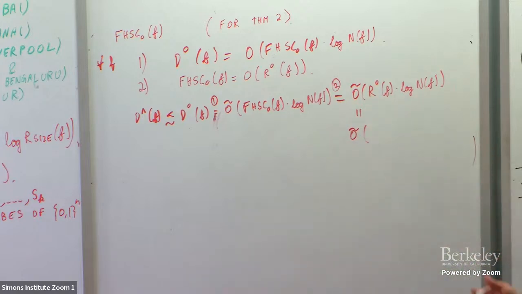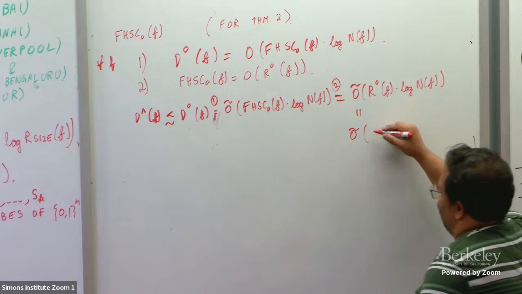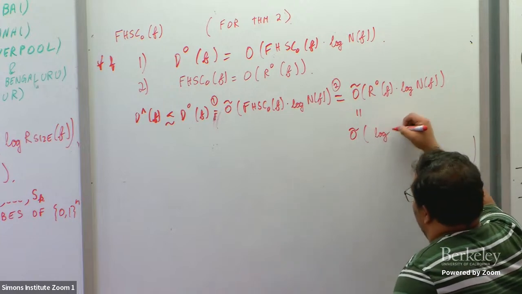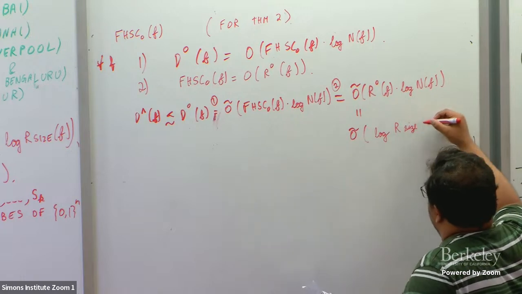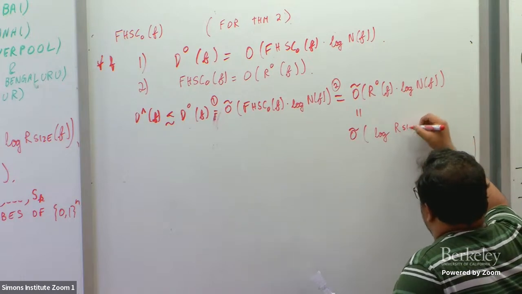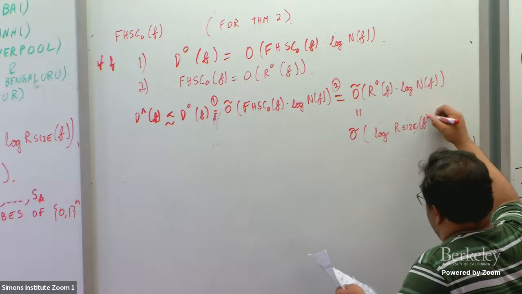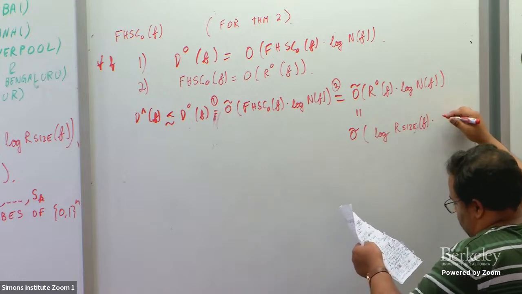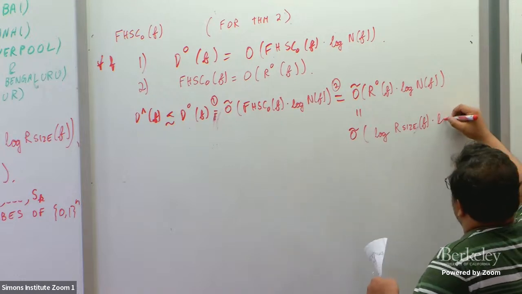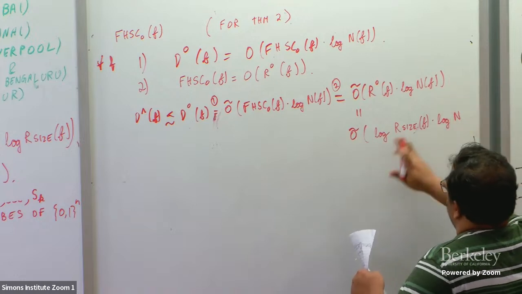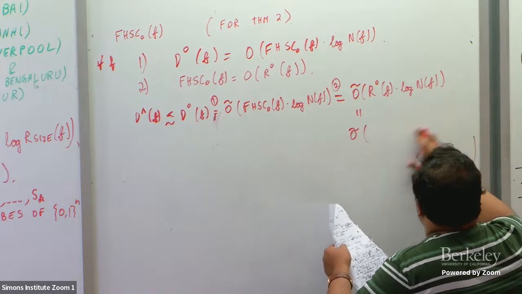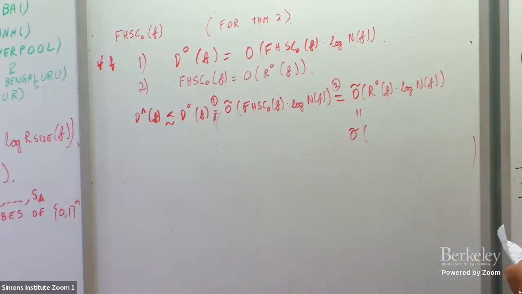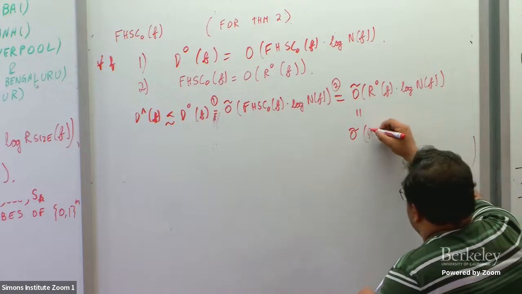It's not hard to show that R0 of F is at most log randomized size of F. Sorry, my mistake here. Log N of F. The other way.